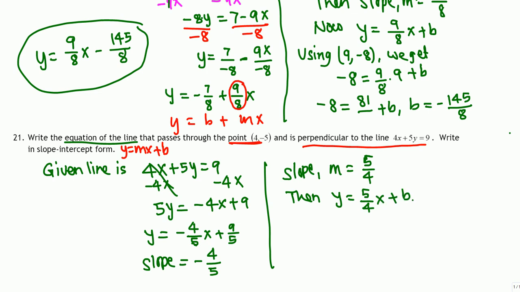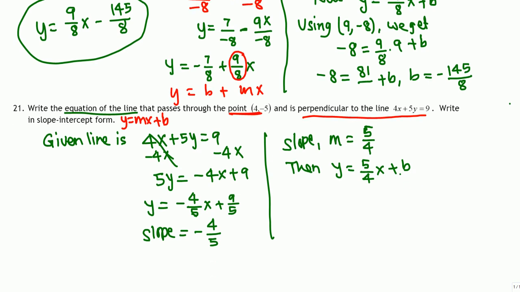y equals mx plus b. We are almost done. We need to determine the value of b. For that we use the fact that our line passes through 4, negative 5. So y is negative 5 equals 5 over 4 times x, which is 4, plus b, and let's simplify and find b.